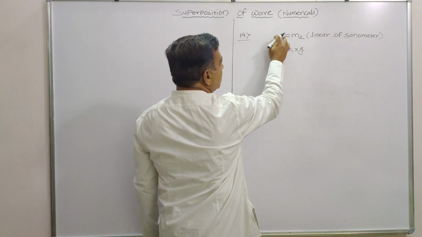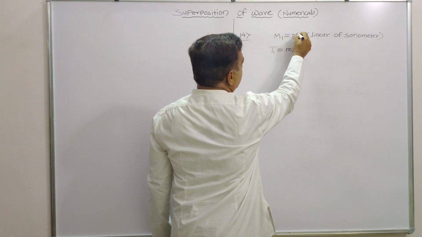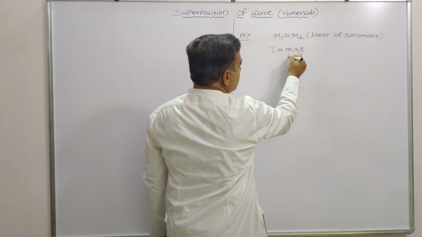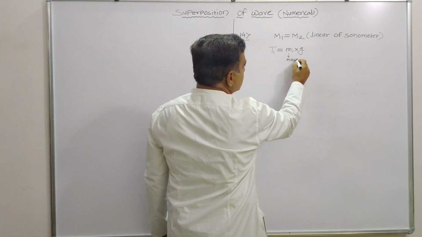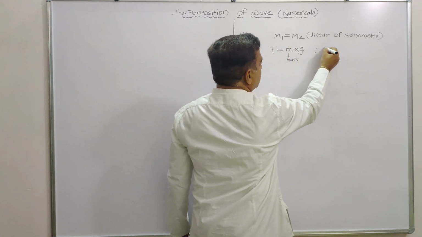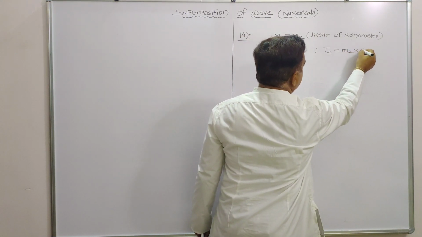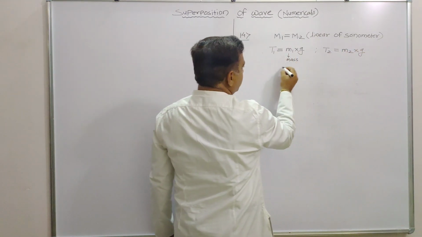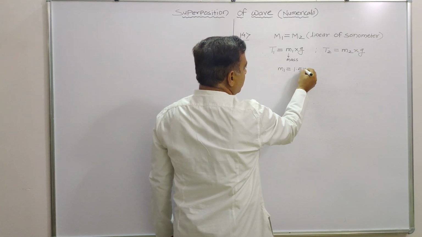This is the mass, and we are going to substitute capital M1 and M2 as the masses. T1 is equal to this much. And what about T2? T2 is equal to m2 into g. So mass m1 is equal to 1.5 kilogram.